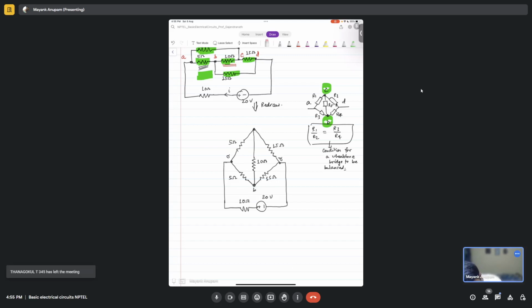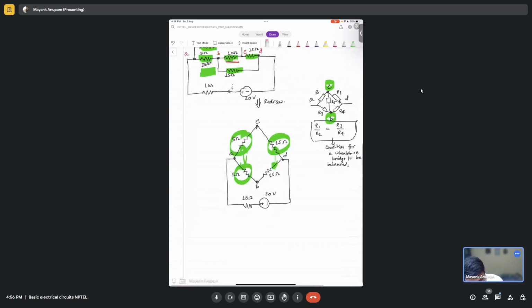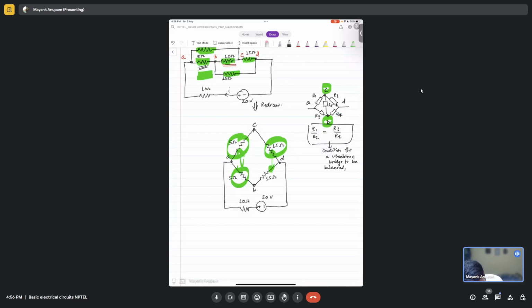B, C, A, D. Okay, so this ratio and this are the same ratio. So the current which is going to flow through this will be 0, correct? So we can very well remove this. There is no point keeping this here, right? So now tell me what will be the current I here which you wanted to find out.